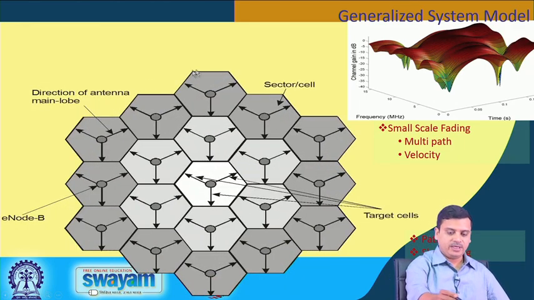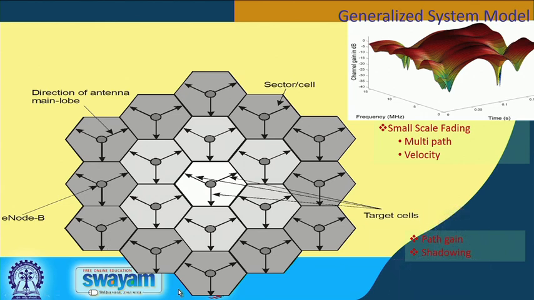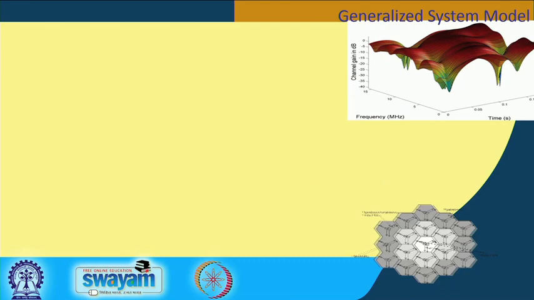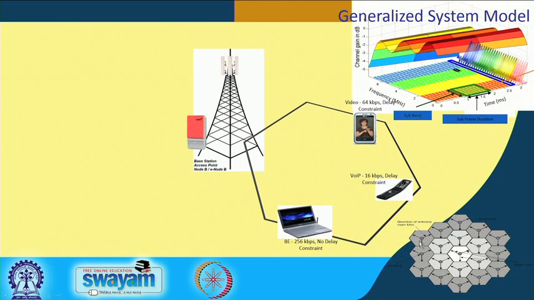And you have the hexagonal cell layout. Now, this is for evaluation purpose, and you have 19 cell layout with 57 sectors. So, you take your desired cell as the one in the center, while you have interference from all other neighboring cells, and then you have the resource block, while each of the resource block sees different channel conditions.